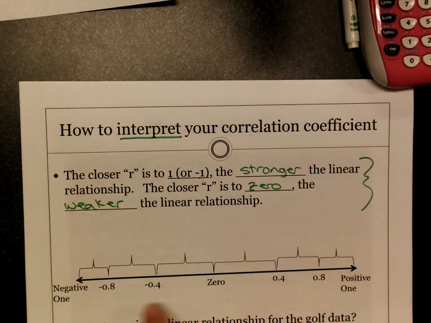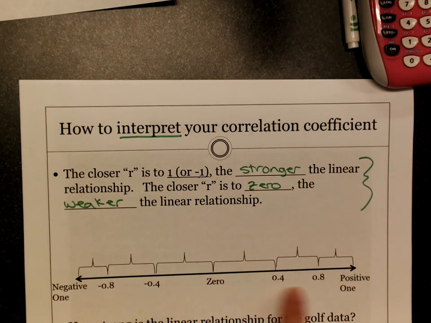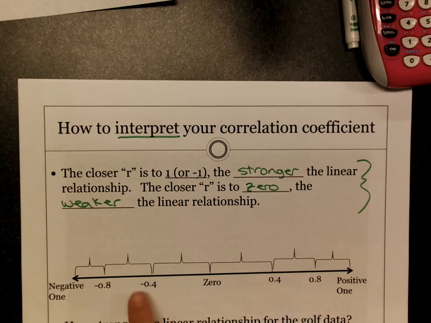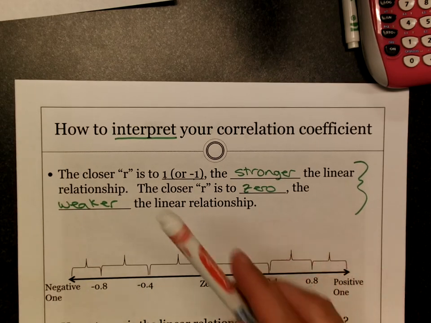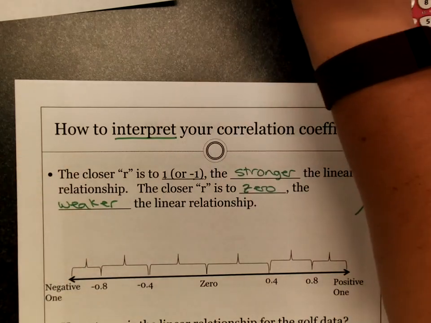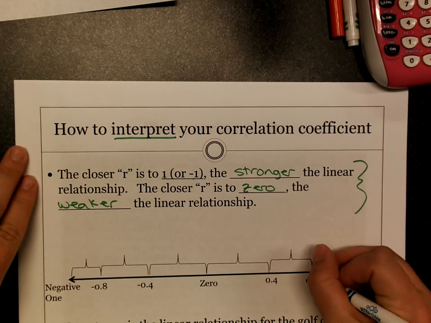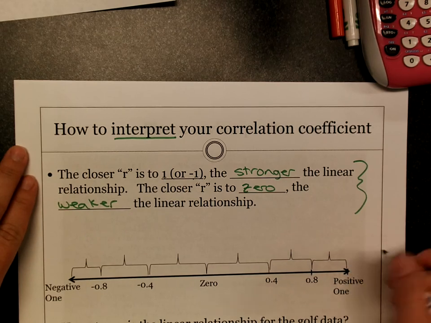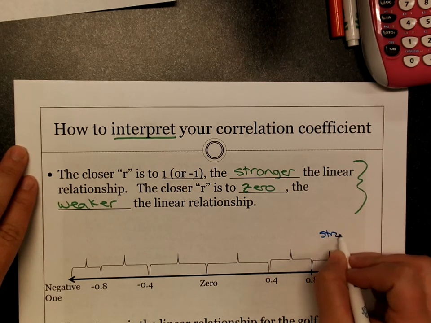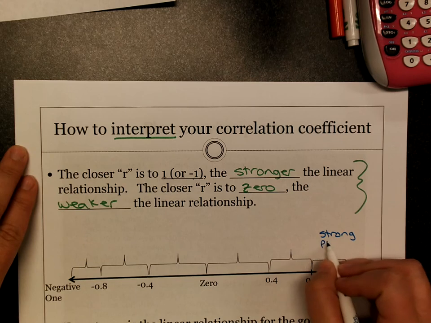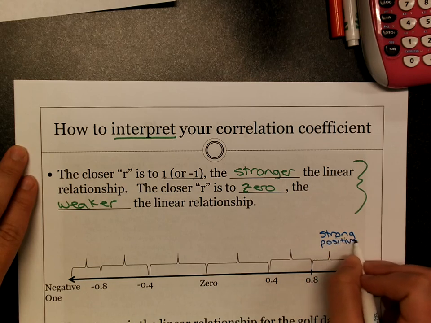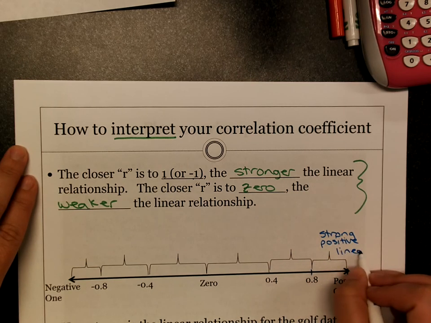Different textbooks have different numbers that make the decision. I believe these are the values that match up with this particular textbook. So any value between 0.8 and positive 1 is considered a strong, positive, linear relationship.